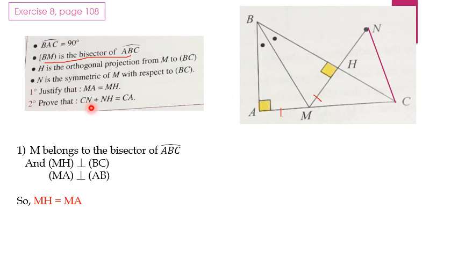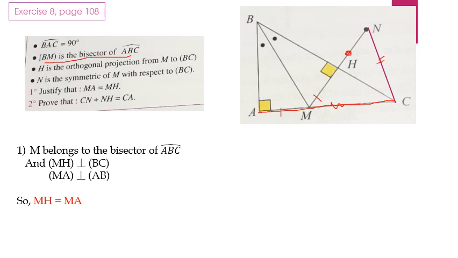Now I have to prove that CN plus NH equals CA. This is CN and this is the line NH. I have to prove them equal to the line CA. So if you look well, CA is divided into two segments. The first one is CM and the second is MA.